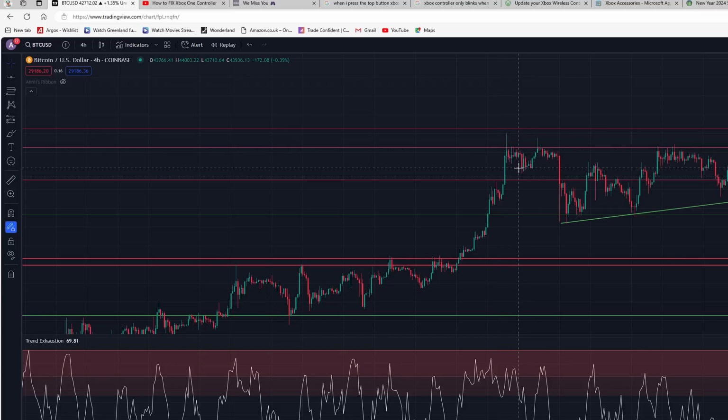Previously this was a support. When price hit around this area, it was a support and it bounced a bit higher. However, the candlestick which led the price to go down significantly was a significant candle. The price movement was quite huge.